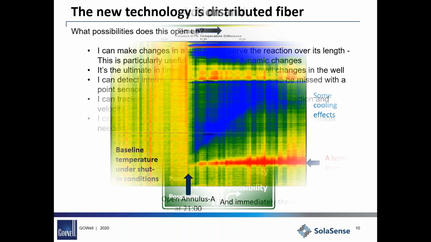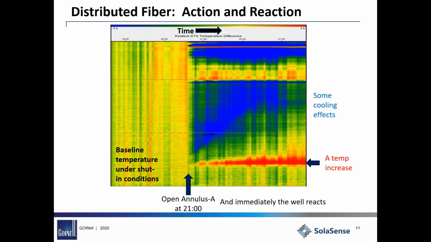So let's have a look at some examples. An example of action and reaction. In this particular case, we've got a well where the baseline temperature is shown on the left, and we induce a change in the annulus and observe what happens further on in the trace.